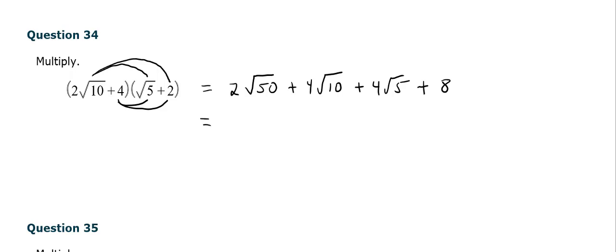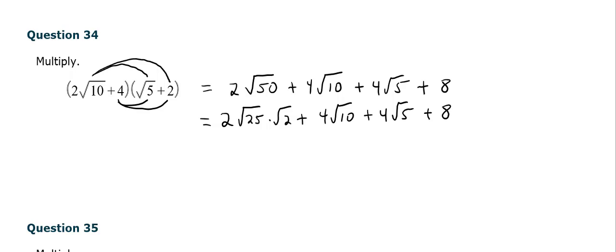So we're going to go ahead and simplify and rewrite the square root of 50 as the square root of 25 times the square root of 2. And the other three remain unchanged. So we know the square root of 25 is 5. So this gives us 2 times 5 times the square root of 2 plus 4 square roots of 10 plus 4 square roots of 5 plus 8.